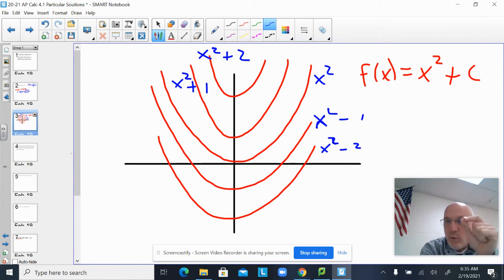So what we want to now do is find the particular solution, which means I want to figure out which of those curves is the right curve. And in order to do that, I just need one ordered pair on the graph of f of x. If you give me one ordered pair, I can then figure out which of those curves is correct. That's what I mean when I say finding the particular solution.